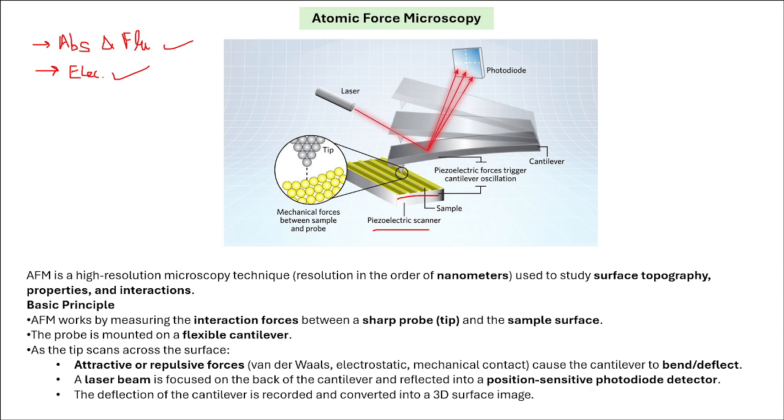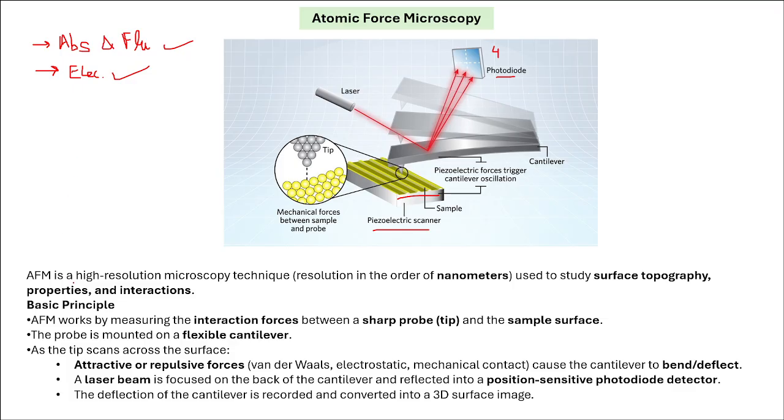So this cantilever moves through the sample, and based on this movement, whatever bending of light it causes, the laser signals are transferred to this photodiode. This is a four quadrant photodiode, and whichever quadrant it is falling on, based on this, it also makes a 3D kind of representation.